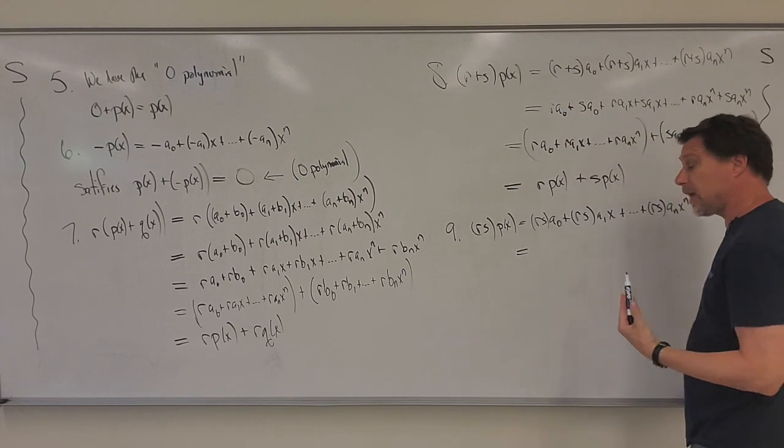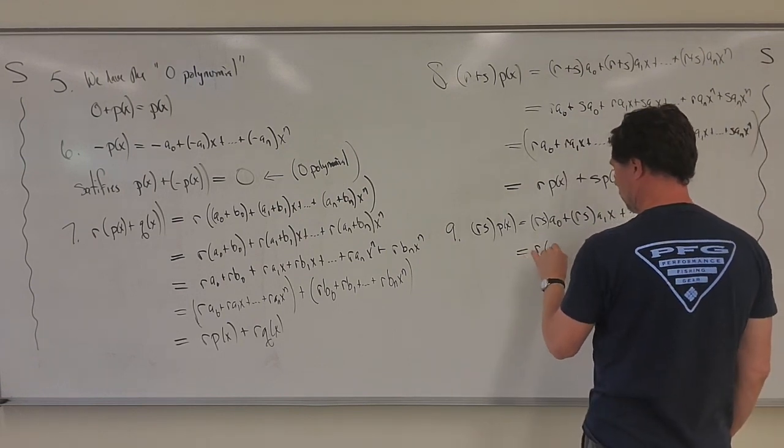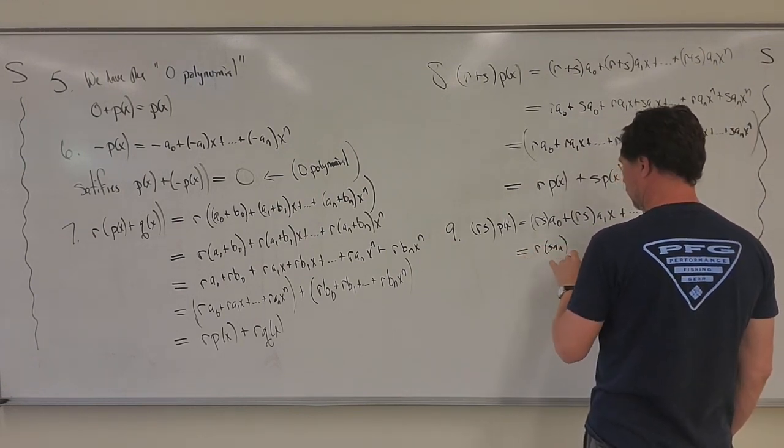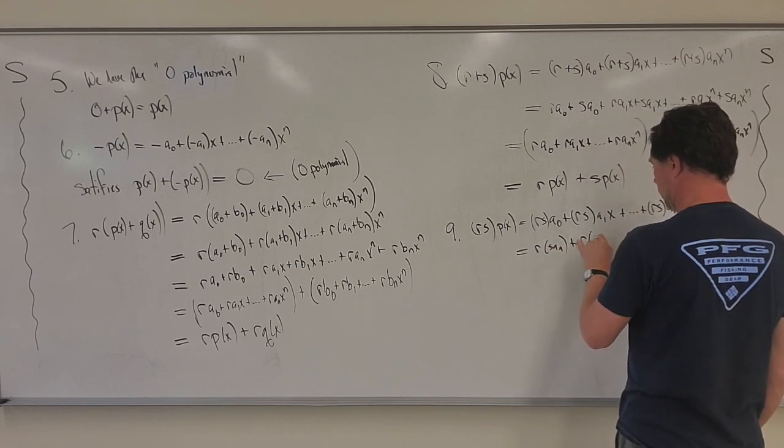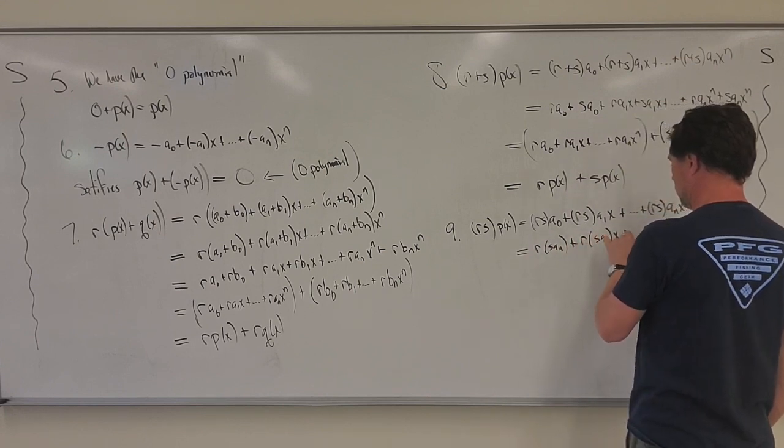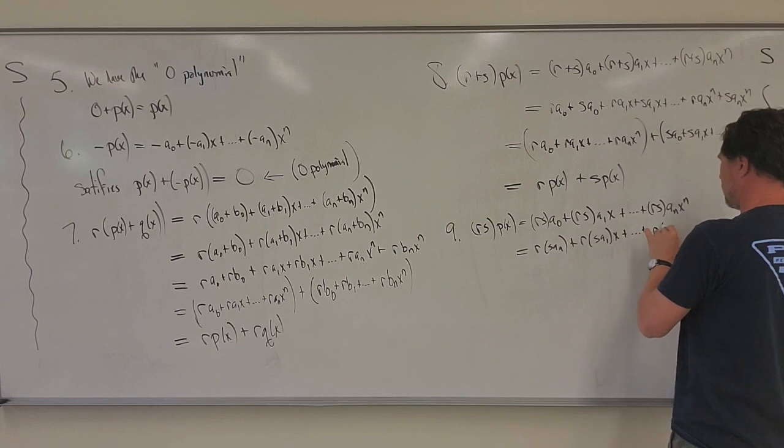Now, multiplication of real numbers is associative, so I can slide these parentheses.